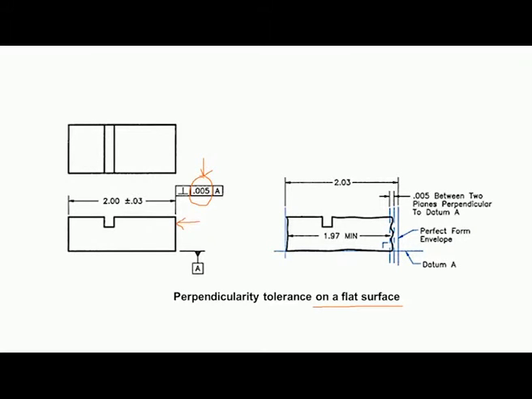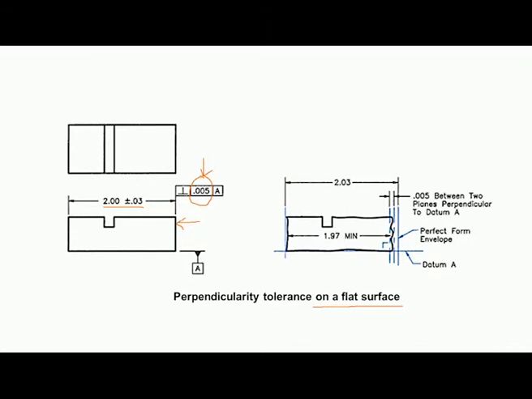So, the meaning of this is, you can see we have two tolerances. One is specified for the size of the object, and another tolerance for the perpendicularity deviation. Now, this particular workpiece should satisfy both. Now, we will consider the size tolerance.